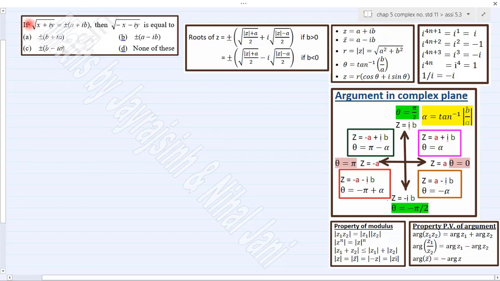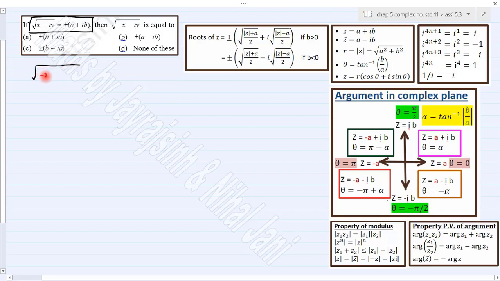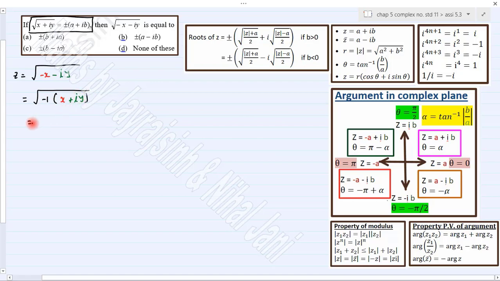In this question, it is given that under root of (x plus iy) is equal to plus or minus (a plus ib), and we have to find under root of (minus x minus iy). Now, if we take minus common, we will get under root of (minus 1) times under root of (x plus iy).